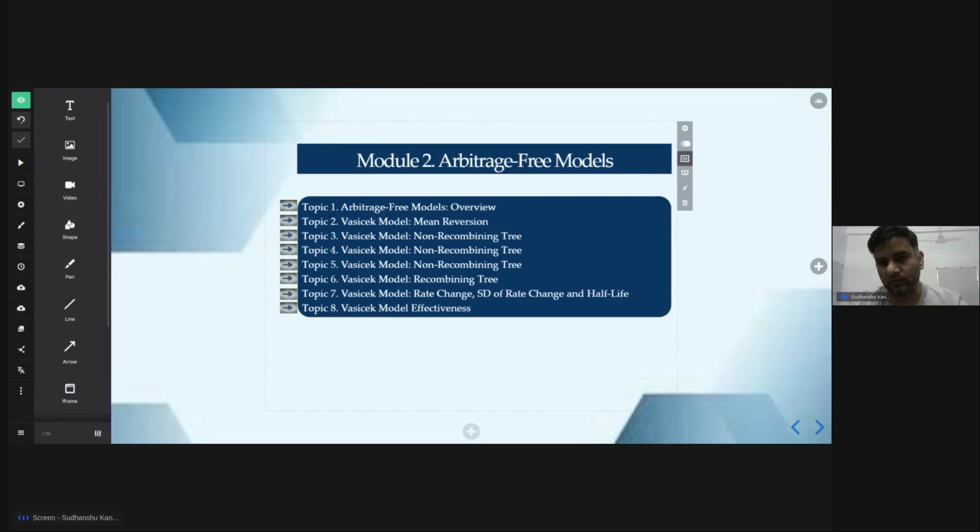This module is all about the Vasicek model. Topics 2 to 8 are all about the Vasicek model, one of the foundational arbitrage-free term structure models. In topic 1, we'll talk about an arbitrage-free models overview.